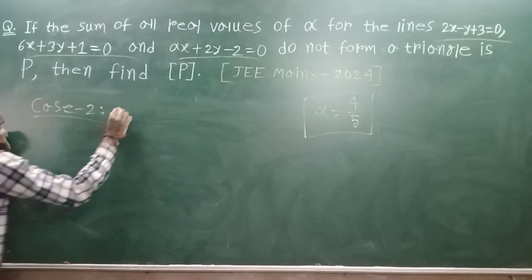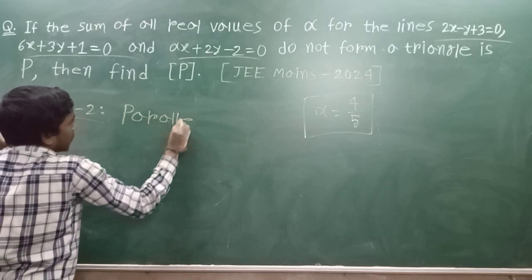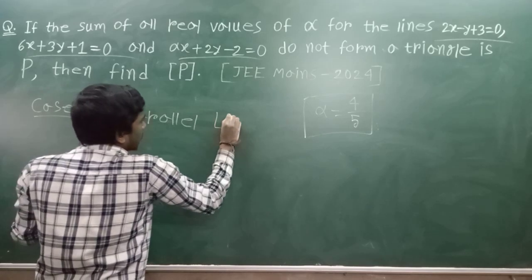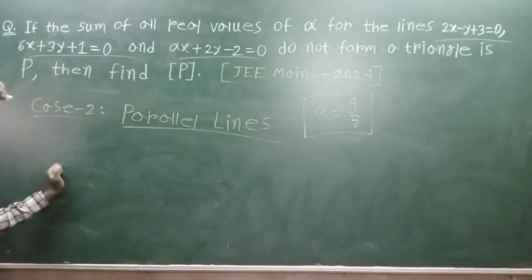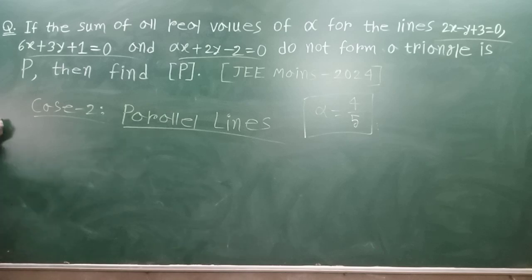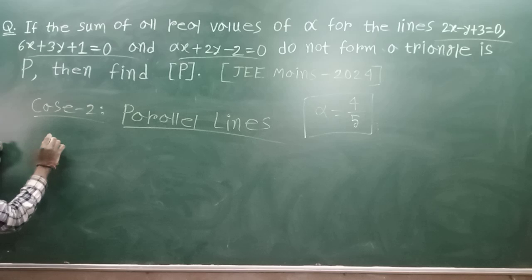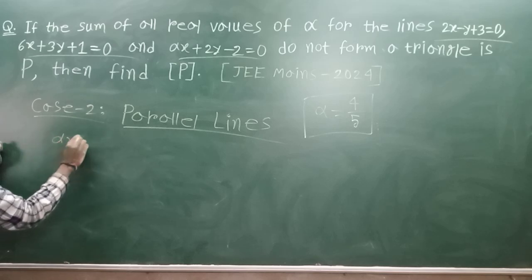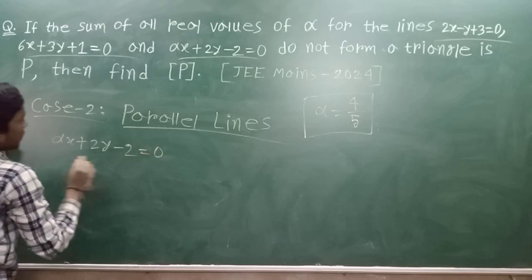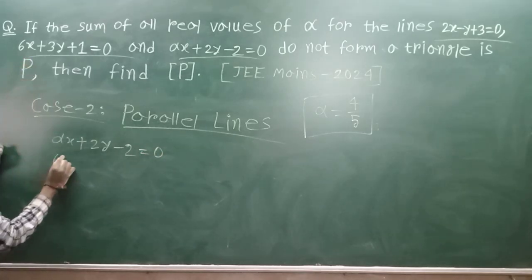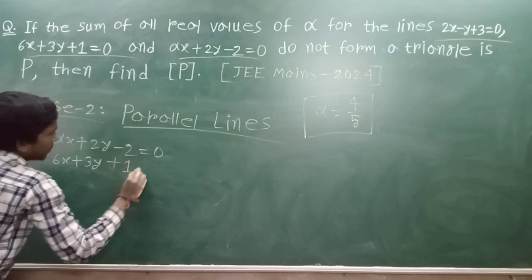Case 2, parallel lines. Okay students, now if this line is parallel to this line, say this is alpha x plus 2y minus 2 is equal to 0, and this line is 6x plus 3y plus 1 is equal to 0.